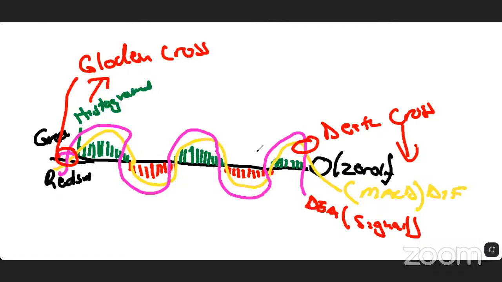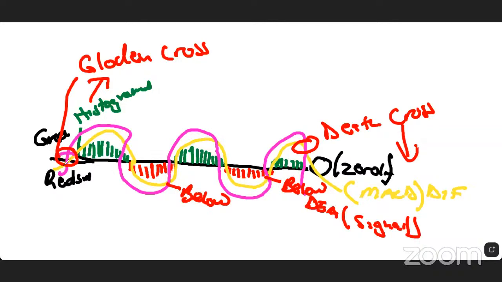Now, listen to me very well. It doesn't mean that all the time it will cross from this red area. You see here, do you see this cross? It happened below 0. Do you see this cross also here? It happened below 0.